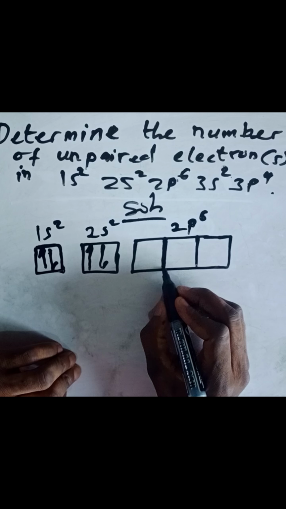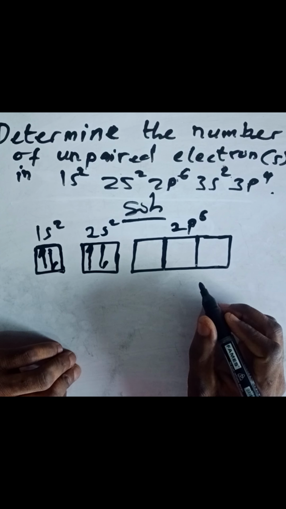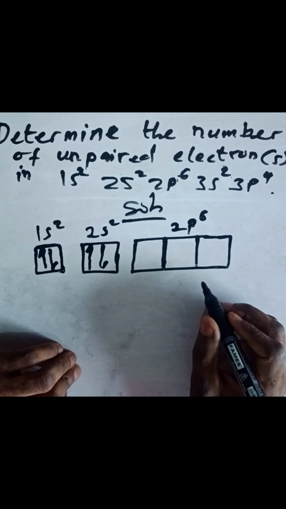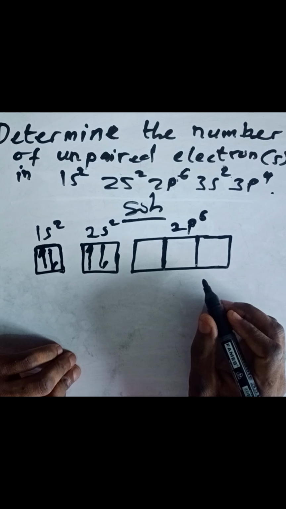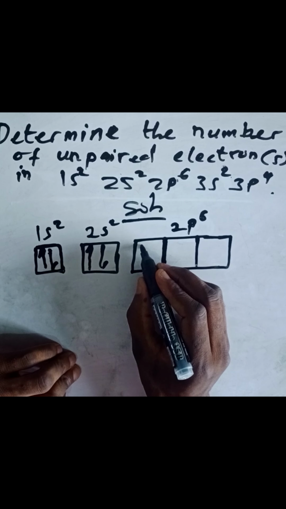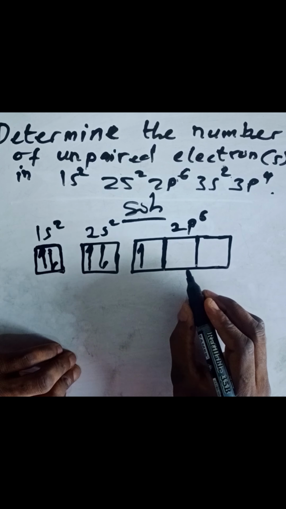So whenever we are filling electrons into a degenerate orbital, we have to fill those electrons singly, one by one first. This is what we call Hund's rule, Hund's rule of maximum multiplicity.